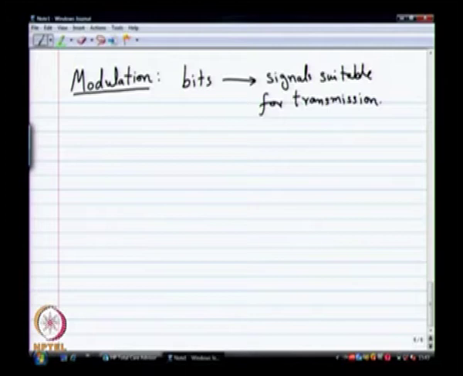I am not going to redo digital communications here, but the way we will model this is, instead of thinking of signals, we will use the vector space representation for signals, which will give us a simple alphabet for the signals, and we will only deal with the alphabet.